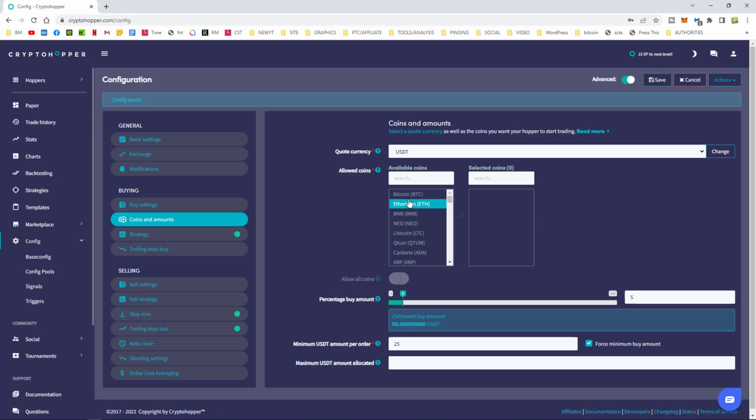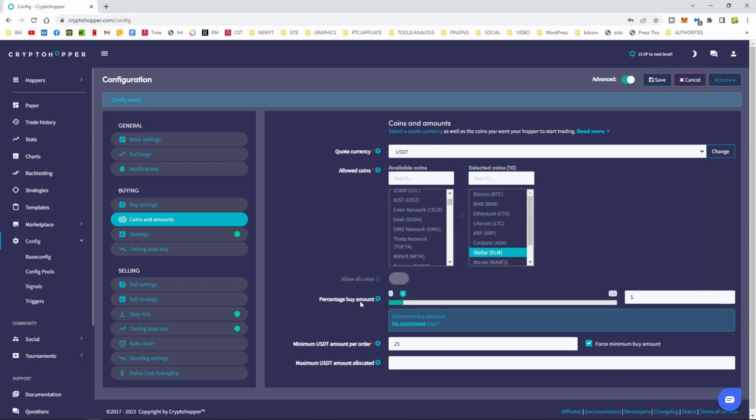Alright, so I just put a couple in for good measure. We'll give it 10. Waves, Zilliqa, 1 more. Engine. Alright. So, quote currency, USDT, correct.